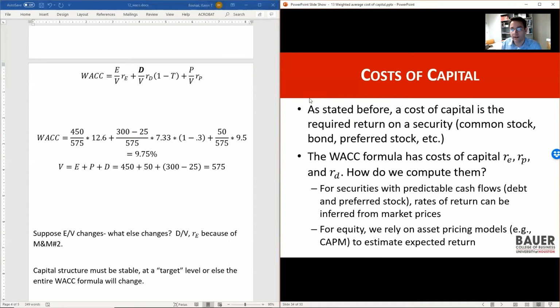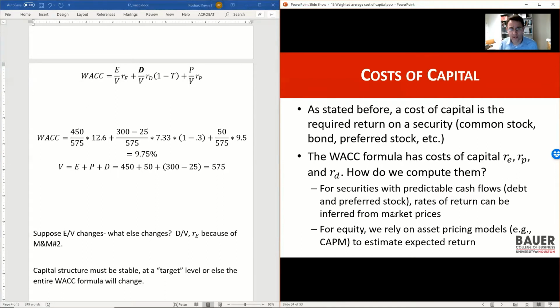As we know, these costs of capital, these discount rates, are what investors require given the risk that they're taking. So it's going to be different for equity and debt and preferred. Where are they coming from? If the security has predictable cash flows, like a bond, right? With a bond, you write a contract that says, I'm going to get these cash flows.